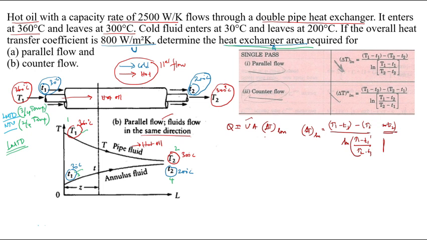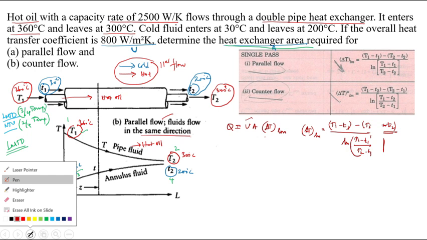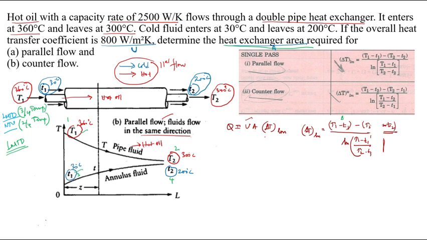For our convenience we can call the first difference delta T1 and the second delta T2. So from that equation we may write delta T Lm is equal to delta T1 minus delta T2 divided by ln of delta T1 by delta T2.